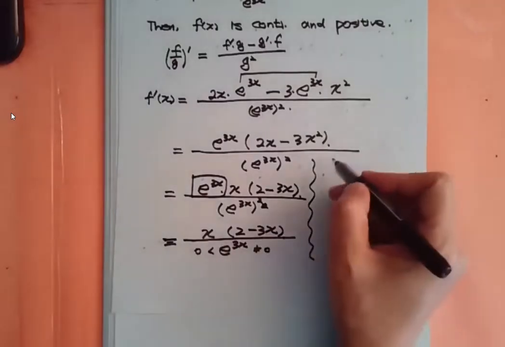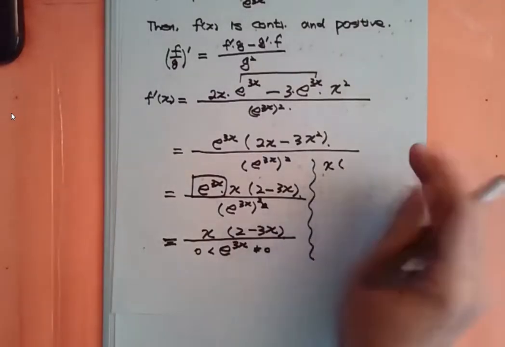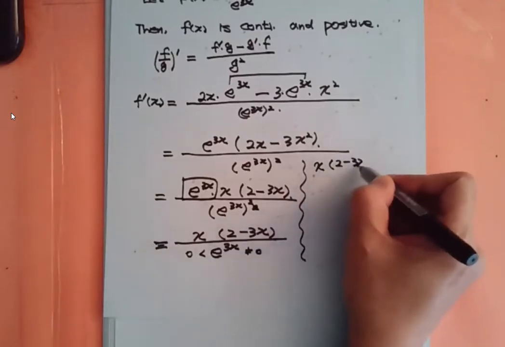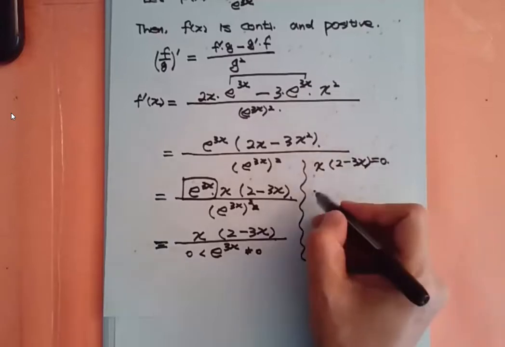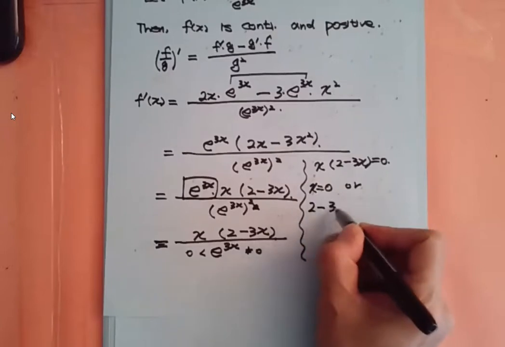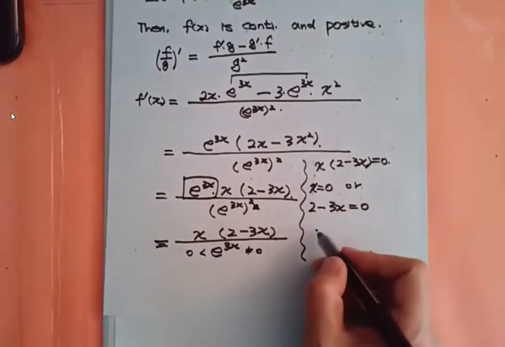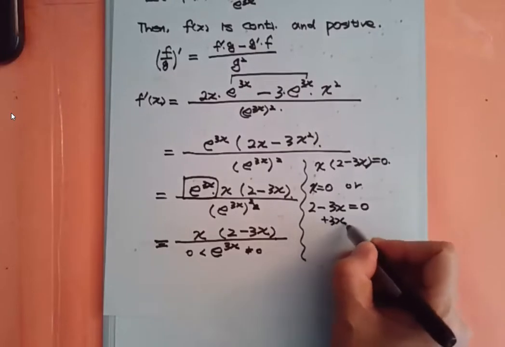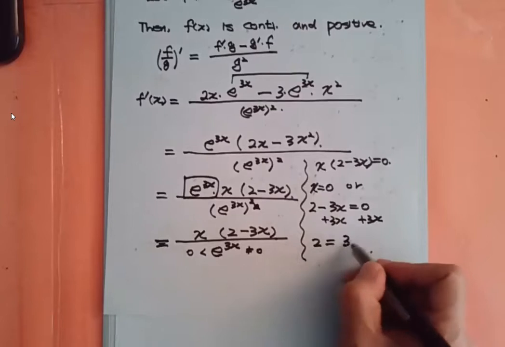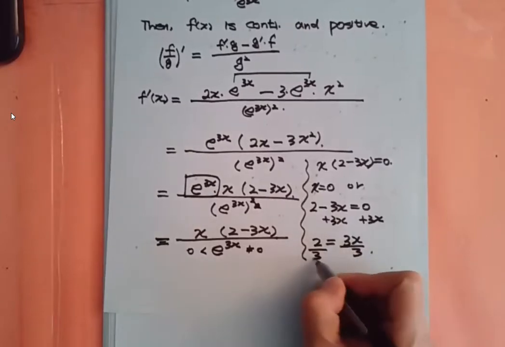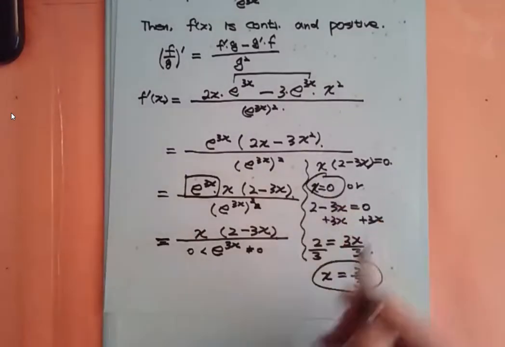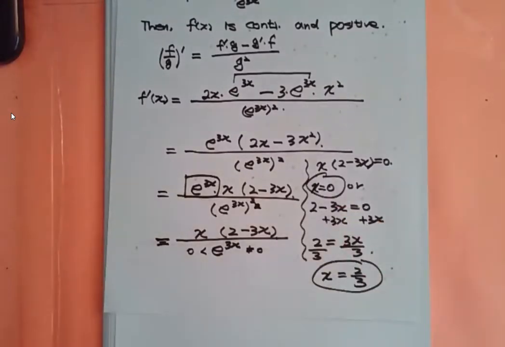For the numerator, we think about the critical point by putting x times 2 minus 3x equals 0. So x equals 0 or 2 minus 3x equals 0. We move 3x to the right side, then we have 2 equals 3x, and we divide by 3 on both sides. Then x equals 2/3. So the two points are the critical points.